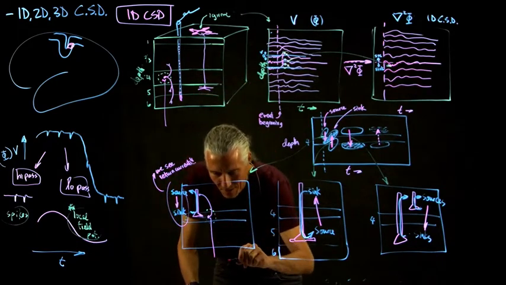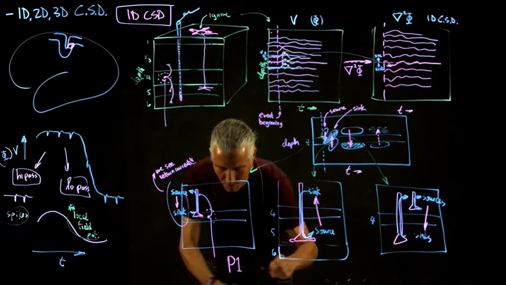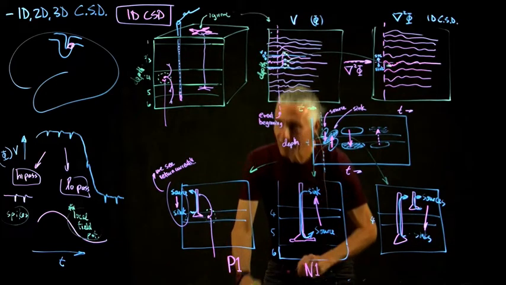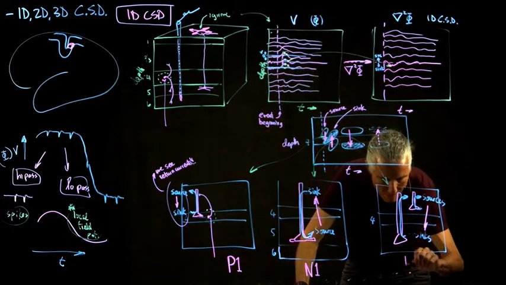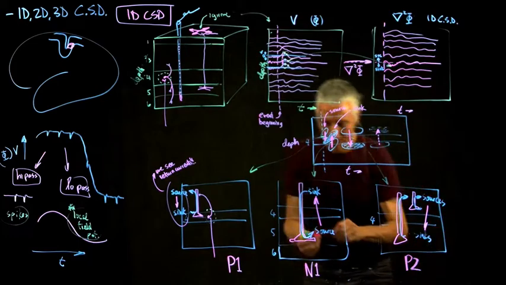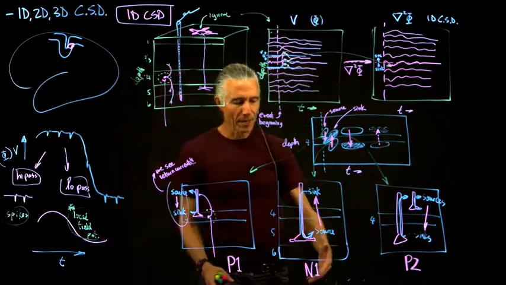But this corresponds in time to what an evoked potential person would call the P1. And this one corresponds in time to what an evoked potential person would call an N1. And then this is the P2. These are extended quite far in time. We're talking 100 milliseconds, spreading out over a couple hundred milliseconds.